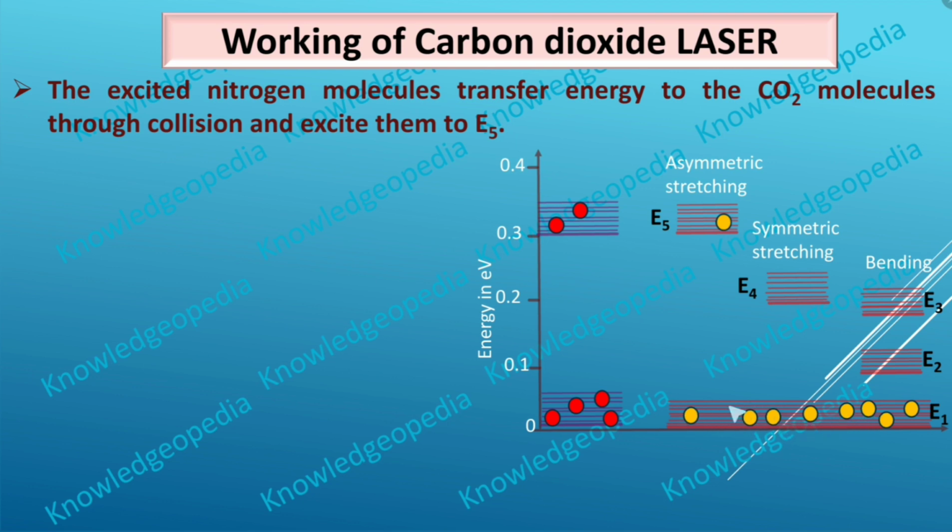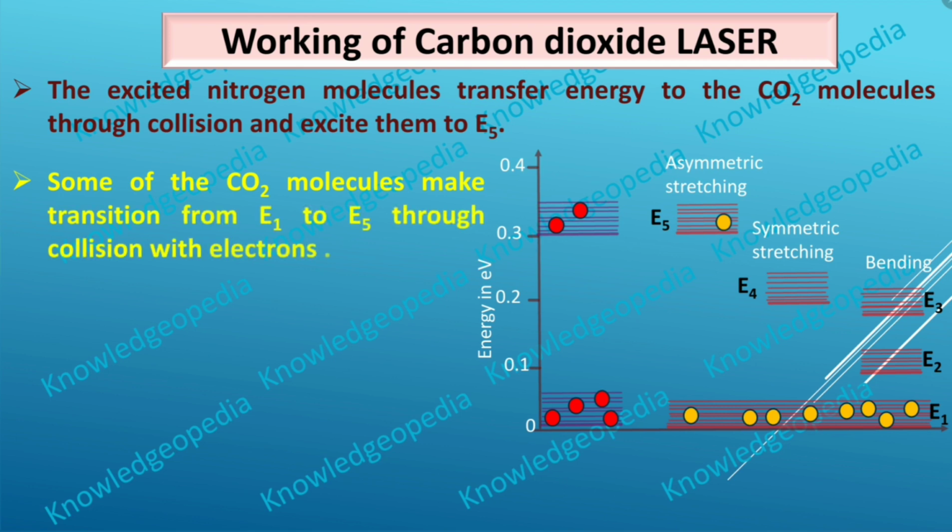So when those electrons are colliding with these carbon dioxide molecules, some of these carbon dioxide molecules will get energy and they will move to E5. So some of the carbon dioxide molecules make transition from E1 to E5 through collision with electrons.